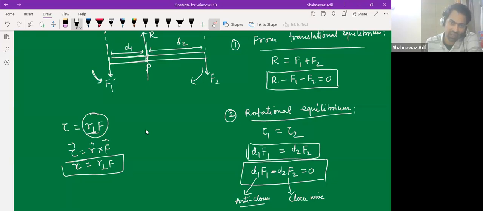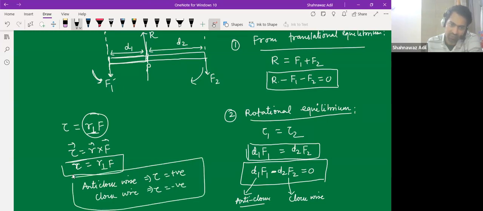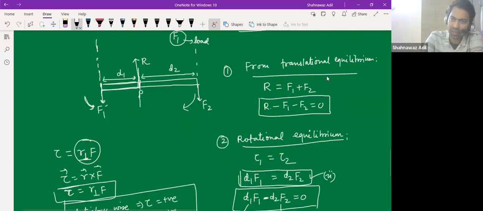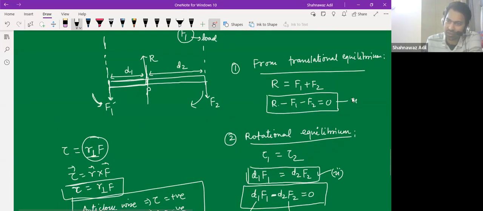Is this part clear? Whenever we are going anti-clockwise, then tau is positive. Whenever we are going clockwise, then tau is negative. Clear, everyone? So we have this condition. Let's say this is the second equation, and this is the first equation.